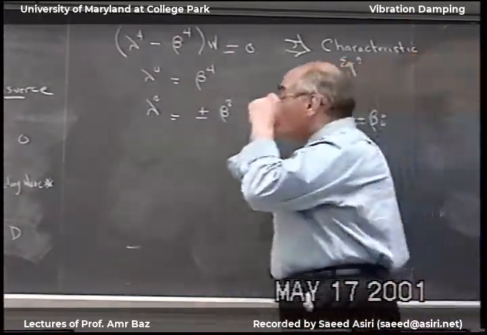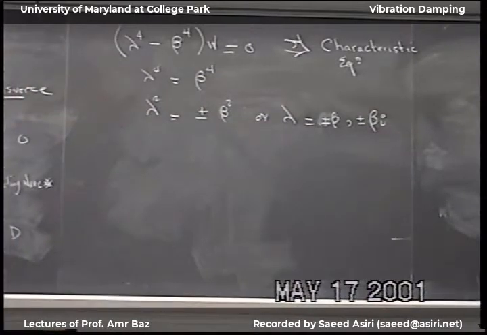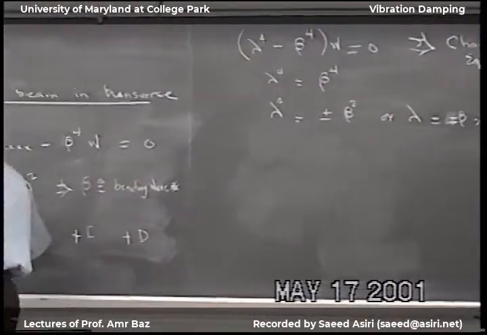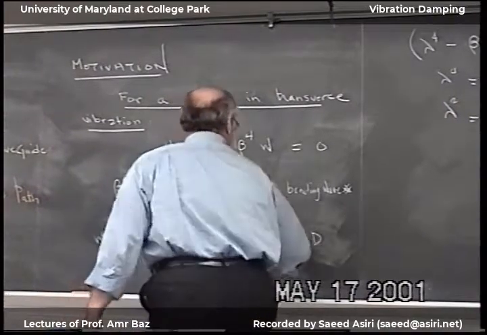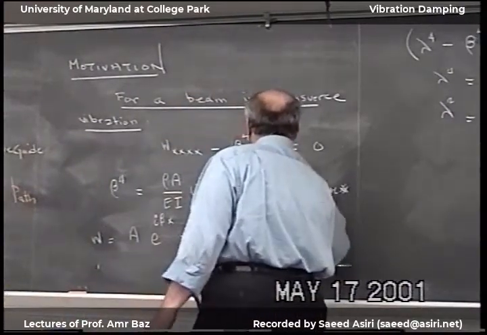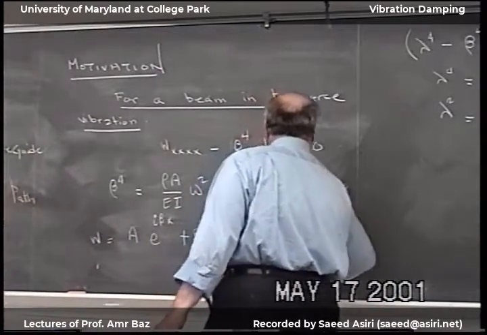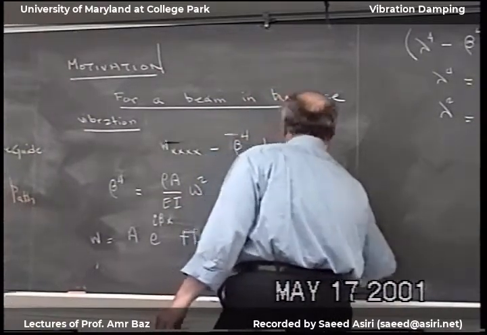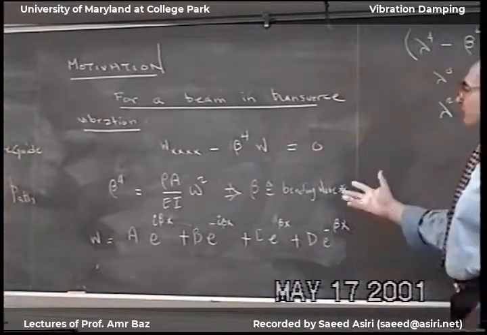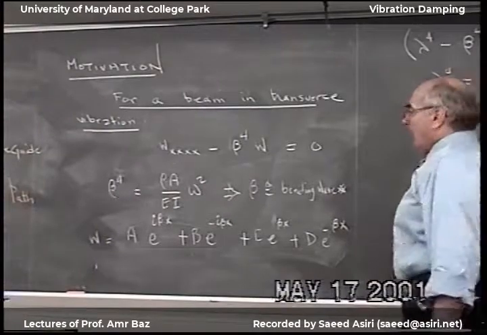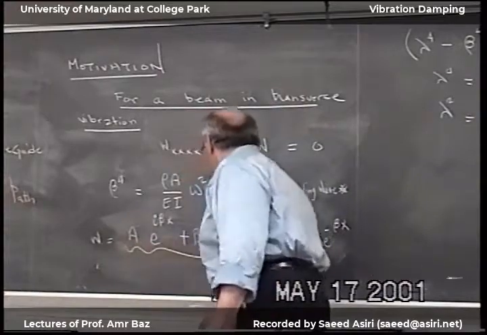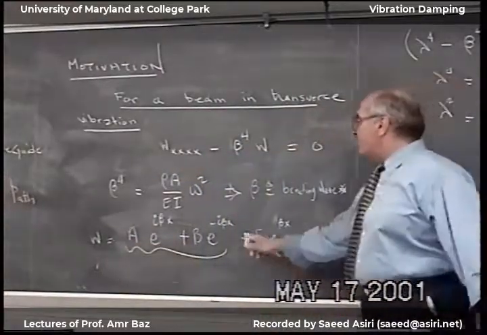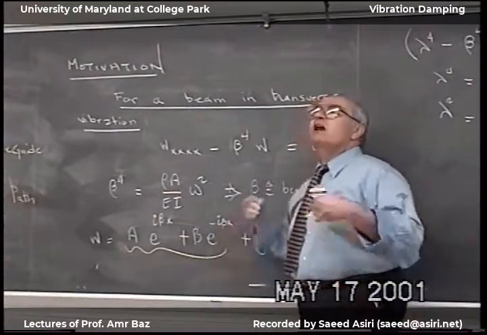So the solution is made of e to the i beta x, e to the minus i beta x, e to the beta x, e to the minus beta x. And if you remember when we talked about this, we said this dynamics has 2 main components. One of them is exponential, which has sines and cosines, and will keep going forever.